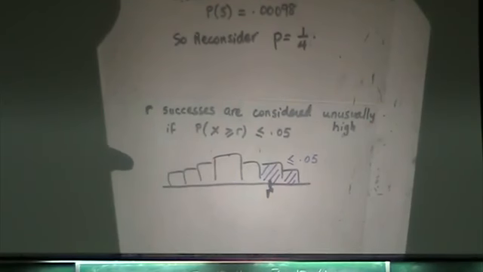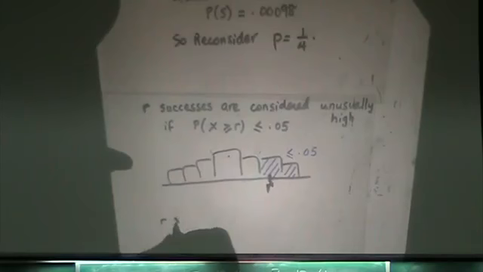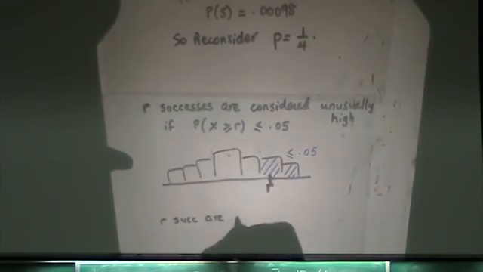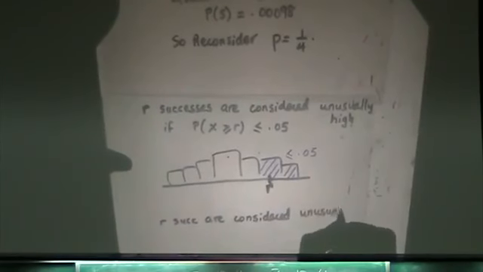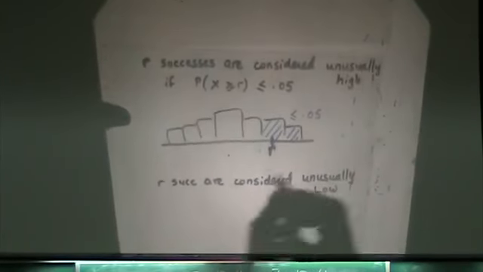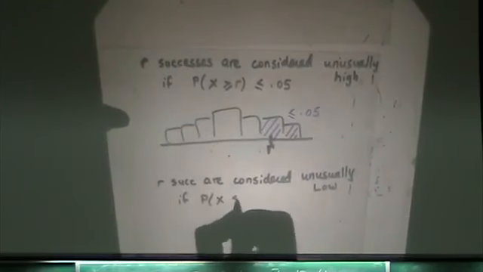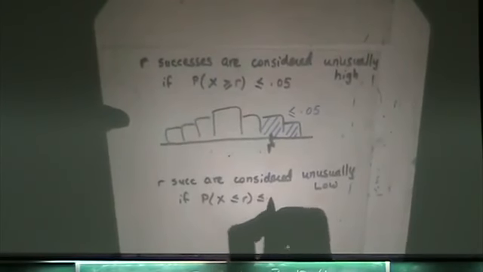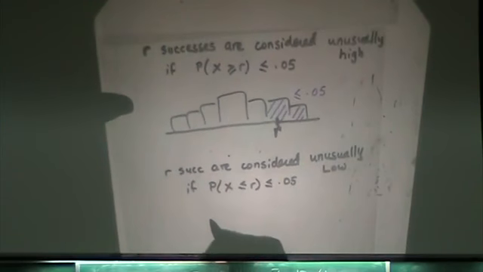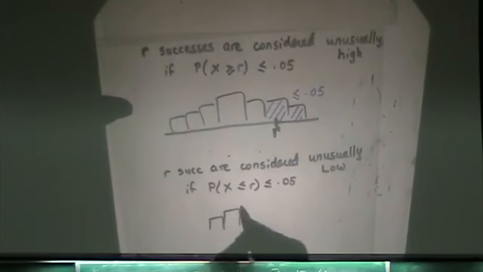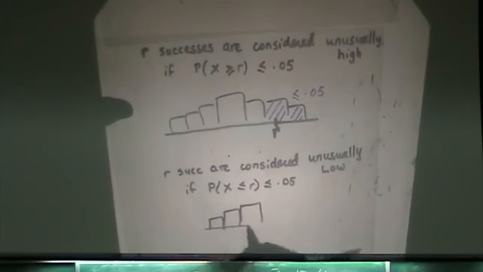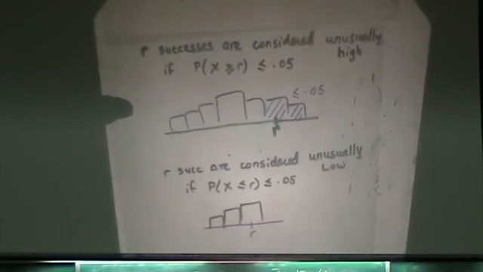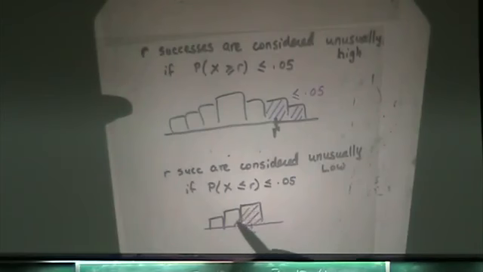Same thing on the left side. R successes are considered unusually low if probability x less than or equal to R is less than or equal to 0.05. So now I'm on the left side of the distribution. Let's say this is R. So I'm saying consider this probability of this or fewer.